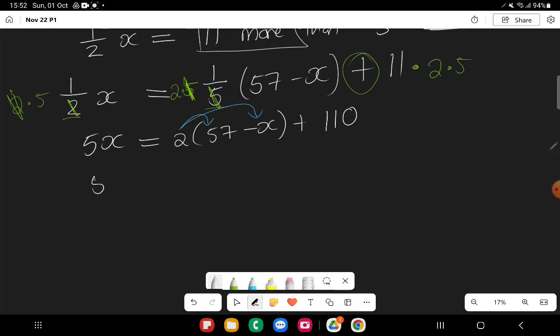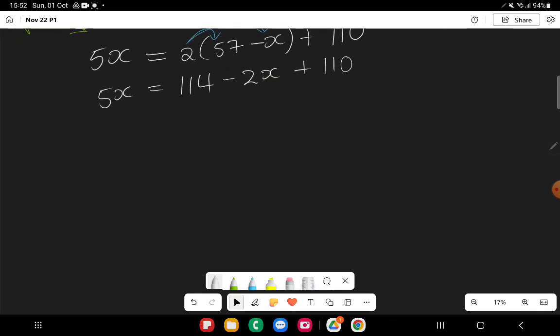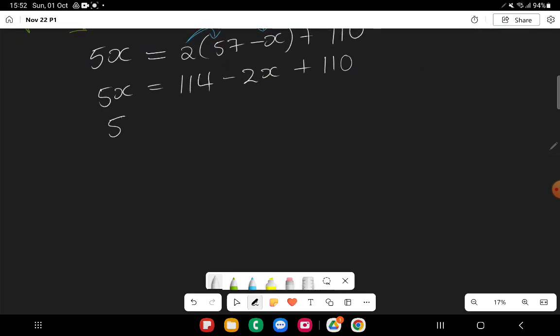So I've got 5x is equal to 2 times 57. That's 114. 114 minus 2x plus 110. Let's add like terms. 5x is equal to, let's put the negative 2x in front, 114 plus 110 gives me 224.